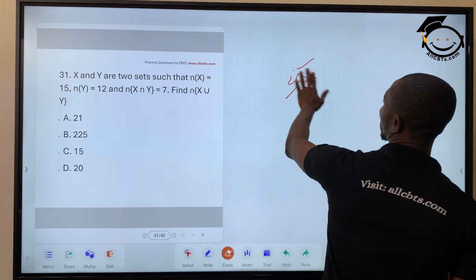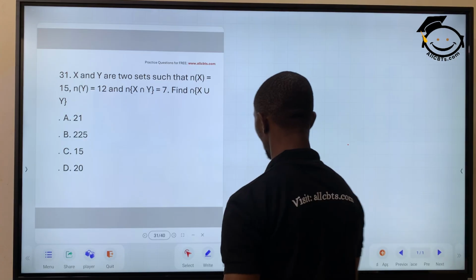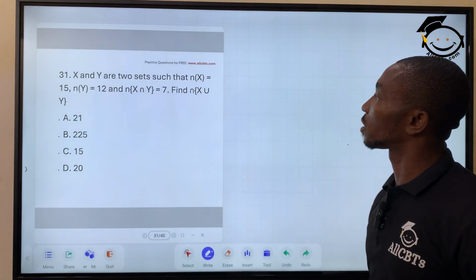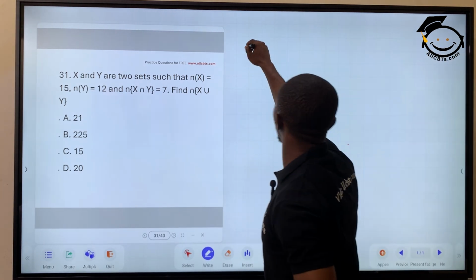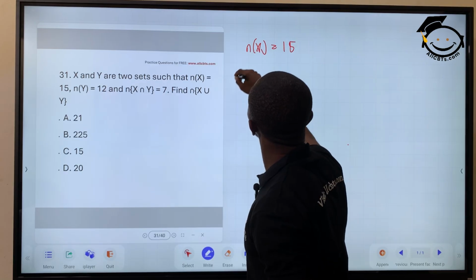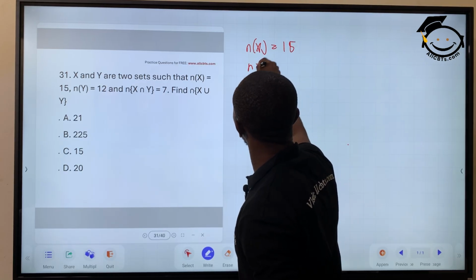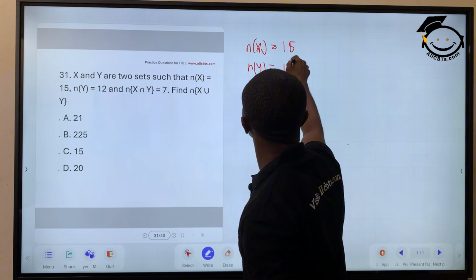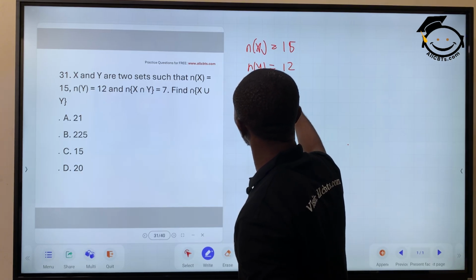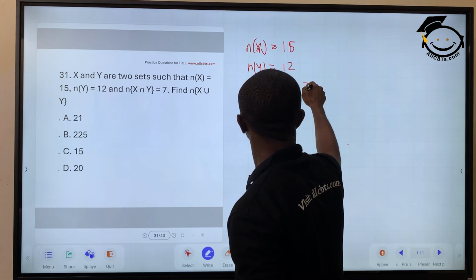Okay, and the next question says x and y are two sets such that the elements in x are 15 and elements in y are 12. Elements in x intersection y are 7.